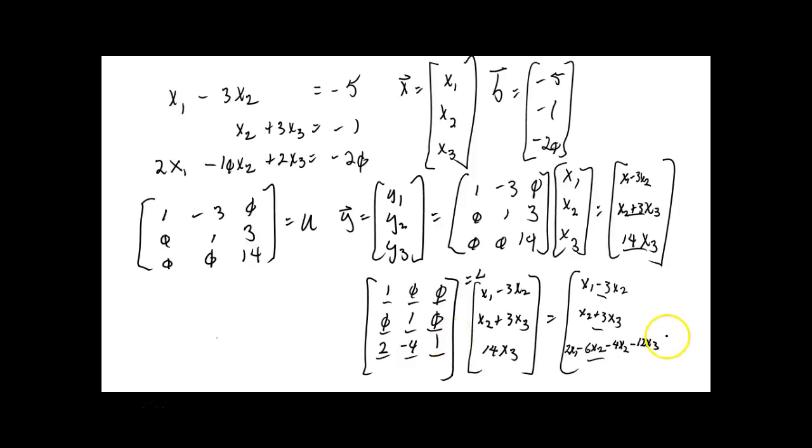And then you got plus. I don't know where this is coming from. It just pops out of nowhere. Sorry. And finally, the third one here by the third one there, that's 14x3. Okay. There's your last row.